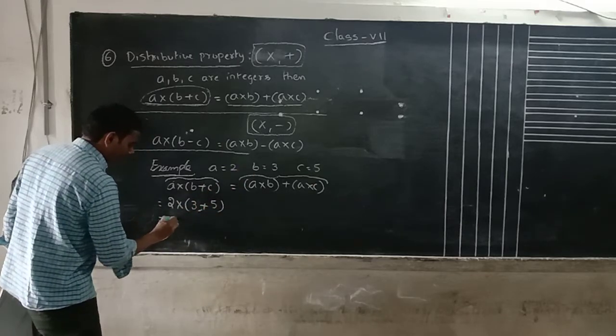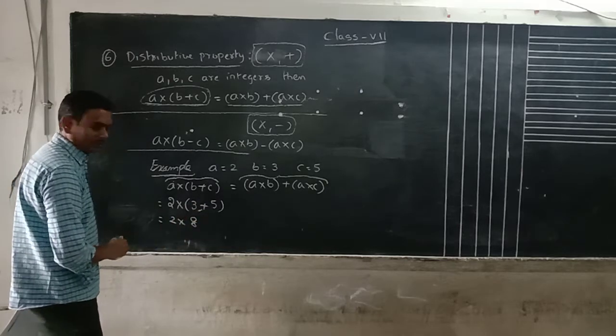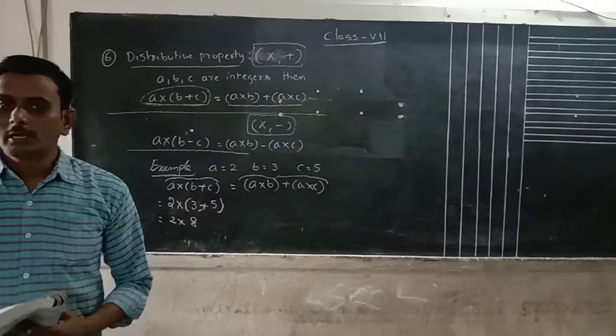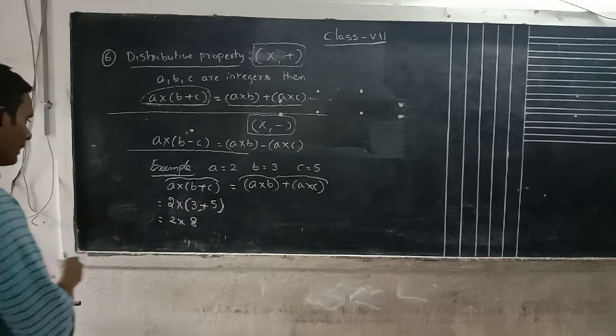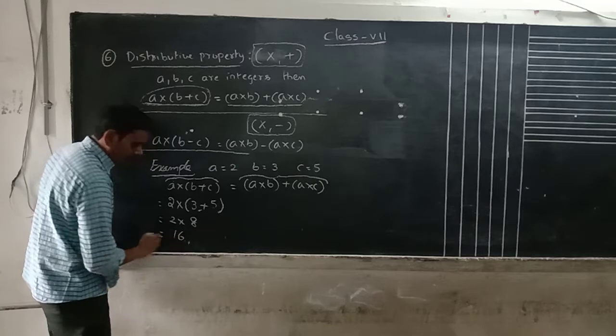2 into (3 plus 5). 3 plus 5 is 8. We always have to simplify what is inside the brackets first, and only later the outside. So 2 into 8 is 16.